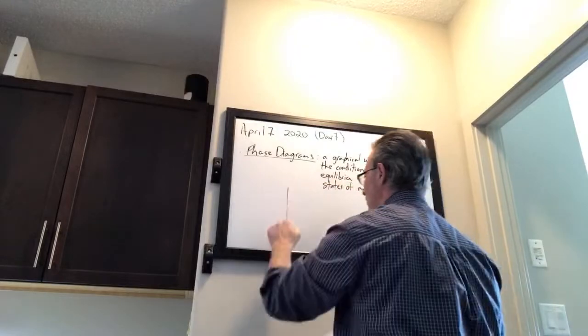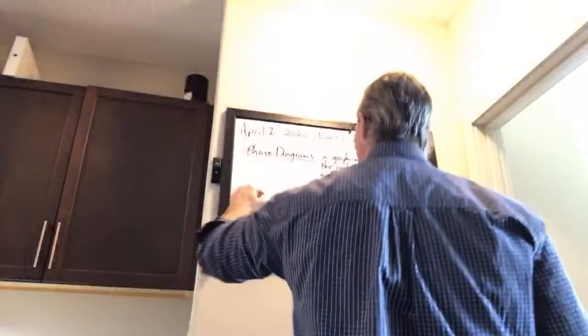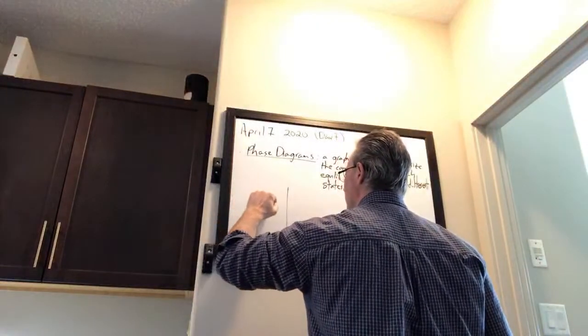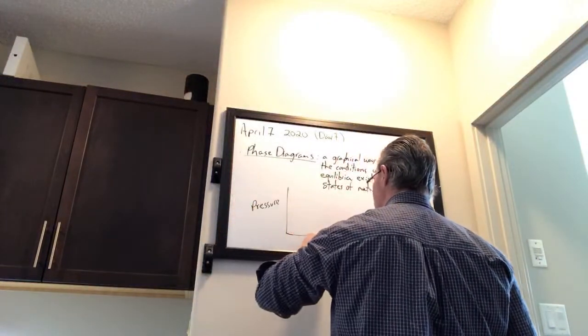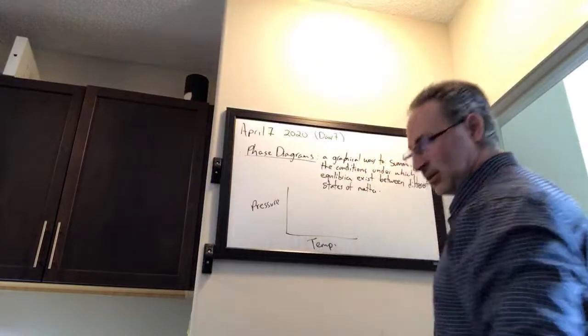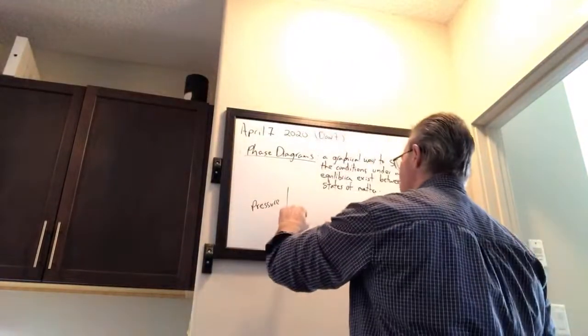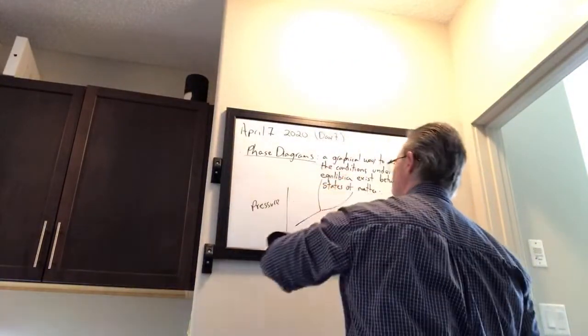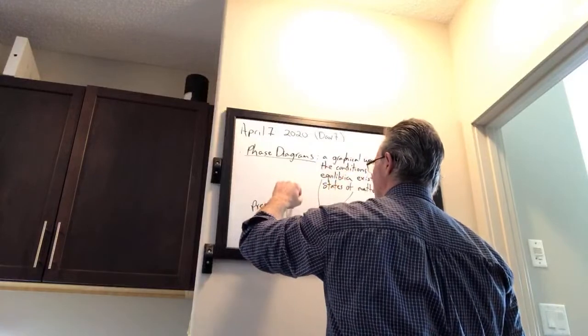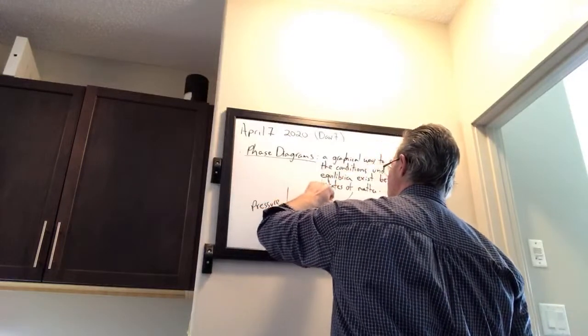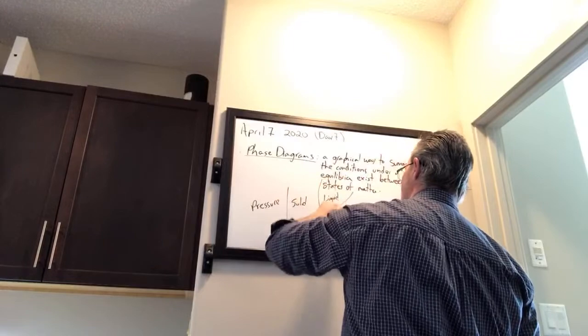So you typically have a graph that looks like this. Pressure on the left versus temperature. And it'll create a diagram that looks something like this, where this will be solid, this will be the liquid, and this will be a gas.